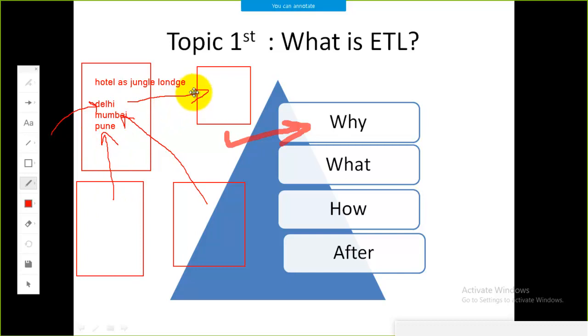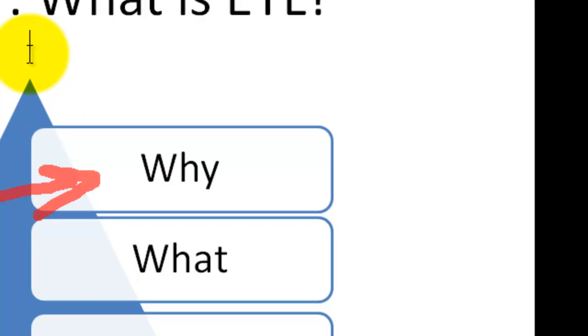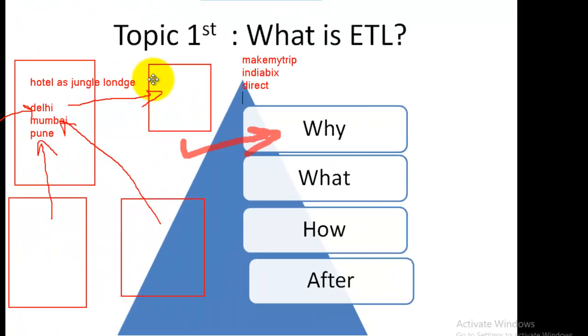And the people coming into these different cities are coming from different websites. Let's say from makemytrip.com or from IndiaWix, or direct people are coming, right? So the details of these cities are present in the databases.